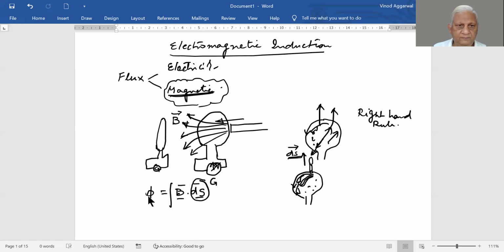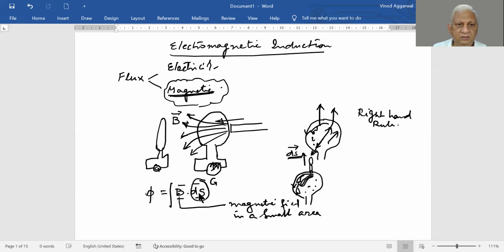Mathematically, the flux, this bundle of magnetic lines of force which is coming out of a surface, is a dot product of the magnetic field B in a small area, multiplied by that small area, and the dot product of these two.